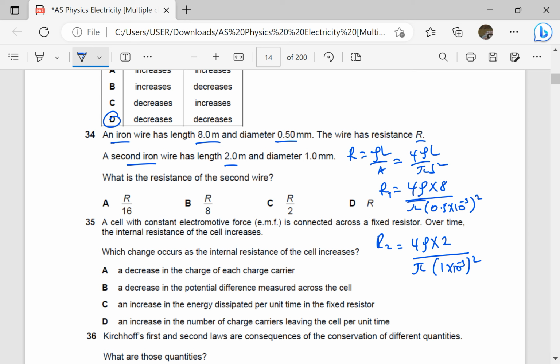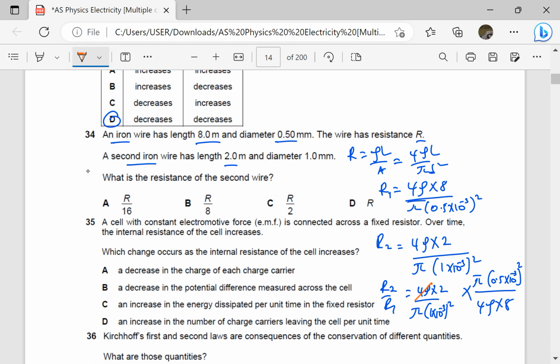I'll just divide them. I'm dividing R2 by R1. So I have 4 rho times 2 over pi into 1 times 10 power negative 3 squared, divided by, I get the reciprocal, pi into 0.5 times 10 power negative 3 squared, divided by 4 rho times 80.